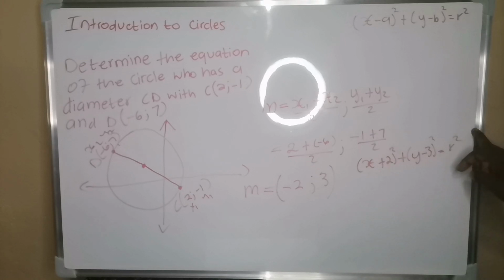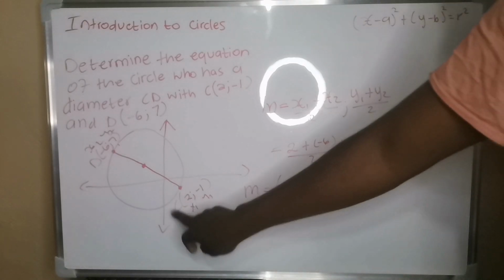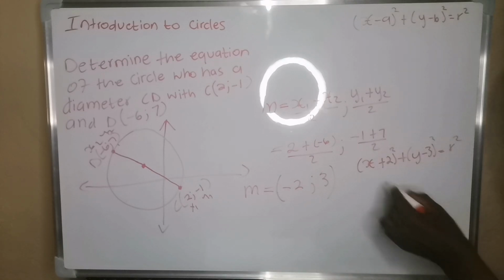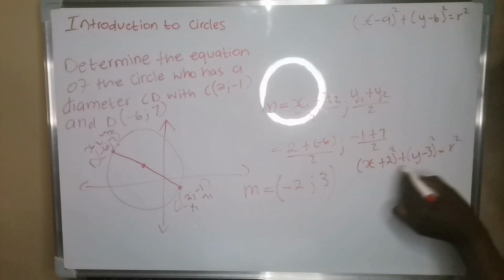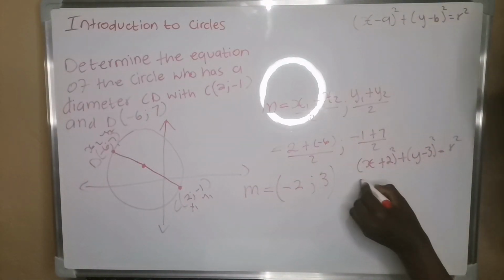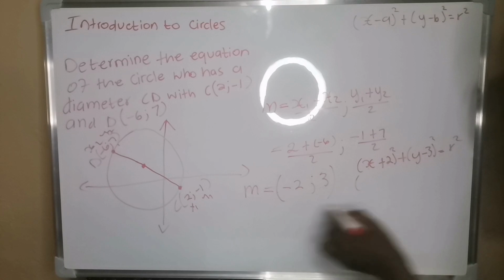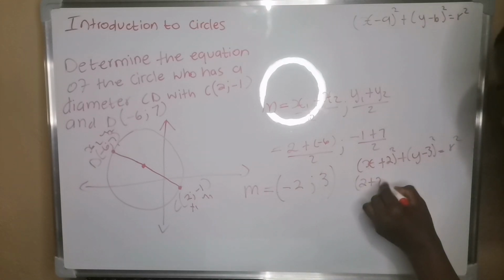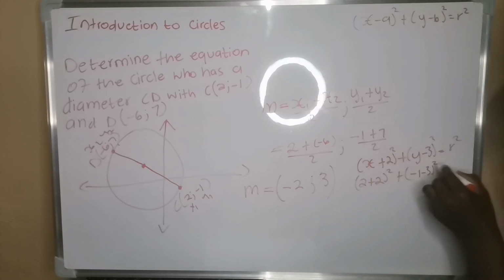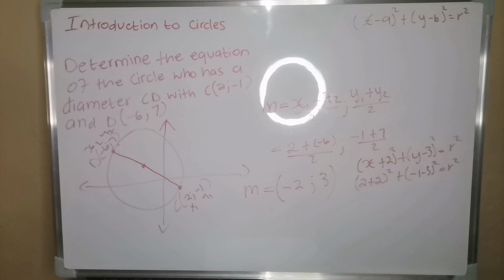Let us use C: where you see x put in 2, where you see y put in negative 1. Or we can use coordinates of D, it's not a problem. So we have (2 plus 2) squared plus (negative 1 minus 3) squared equal to r squared. Then (2 plus 2) squared is 4.